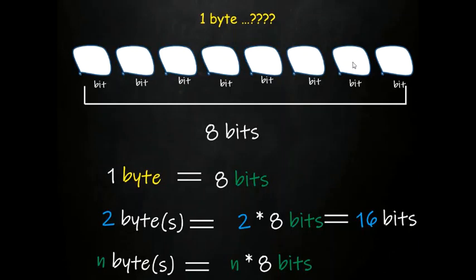Even if you are not getting proper multiples of 8, make sure you put in zeros to make them multiples of 8. Always remember 1 byte is equal to 8 bits and 2 bytes is equal to 2 into 8 bits, that is 16 bits. So n bytes is equal to n into 8 bits. A byte always results into 8 bits.